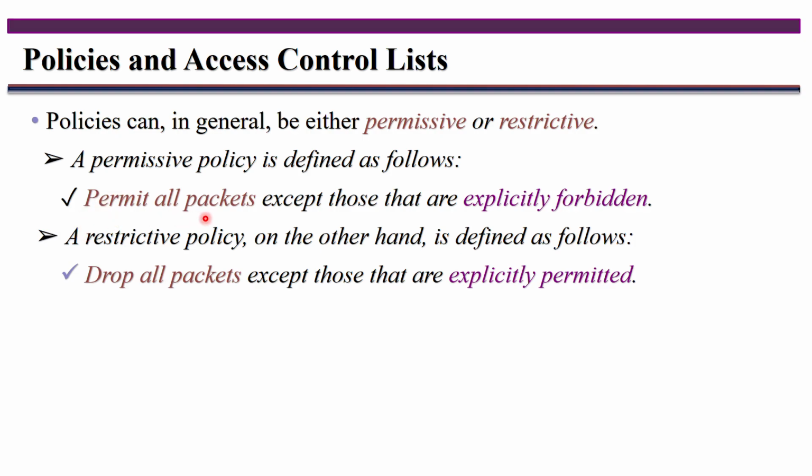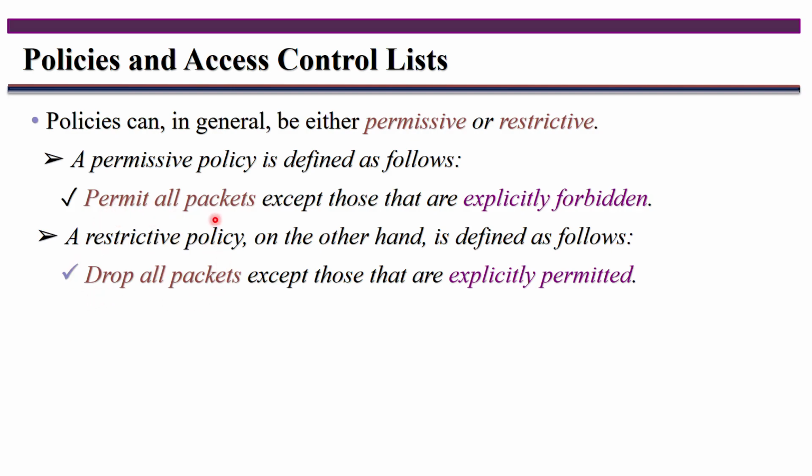It permits all the packets except those which are explicitly forbidden. Whereas a restrictive policy drops all the packets except those that are explicitly permitted. So once it is permitted, only then does it allow that packet to enter the internal protected network here. Okay, the remaining ones it drops, it doesn't allow to enter here.